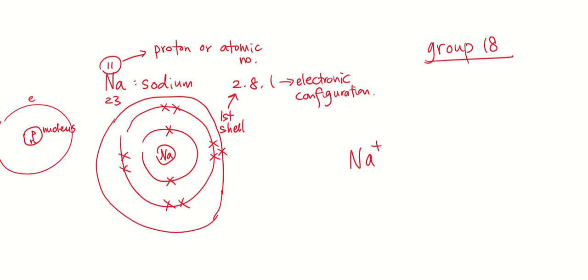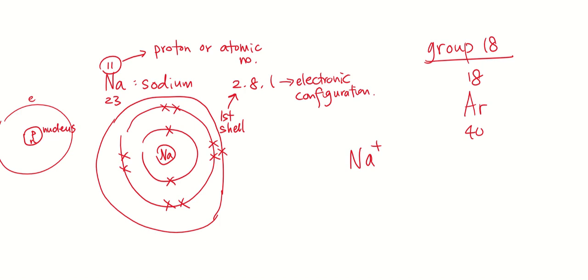Group 18, can you give me an example? Can you check your periodic table? Who is in group 18? Argon. What's the number on top? 18. What's the number below? About 40. So 18 and 40, I haven't gone to the bottom number yet.